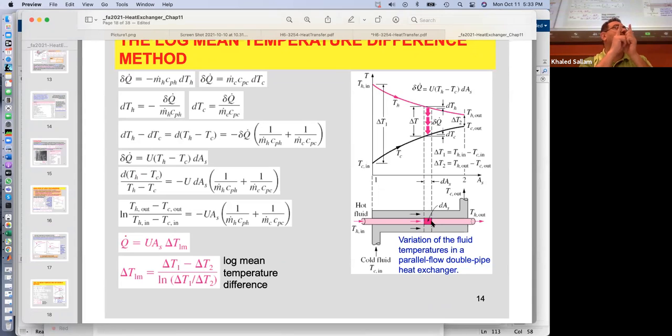He basically said, let me just get a small element between the hot and the cold, and figure out how much the hot lost and how much the cold gained, and then find out the relation between the Q and that temperature difference. Out of those 5 equations together, when you solve all of them, you find that delta T_m is (delta T1 minus delta T2) over ln(delta T1 over delta T2).